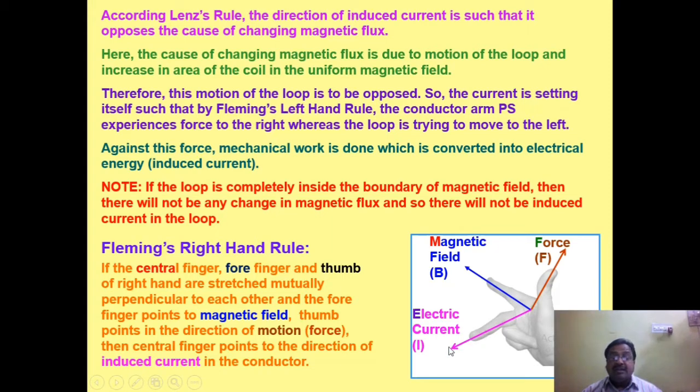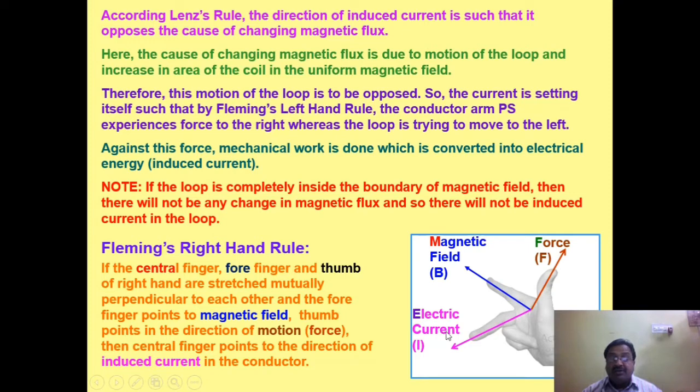Electric current means it is the induced current. You may remember it by a trick: F, first finger for field, F for force, and central finger C, current.